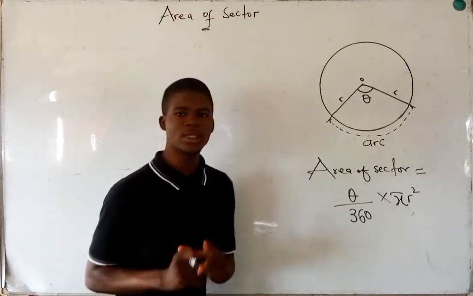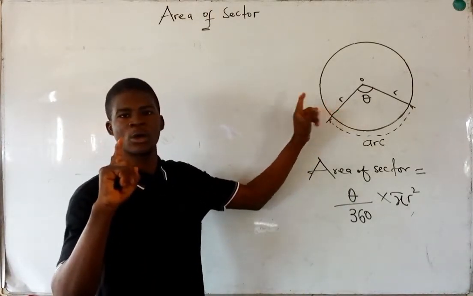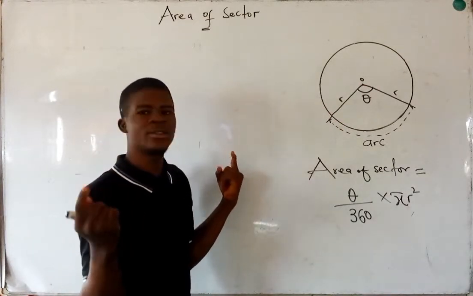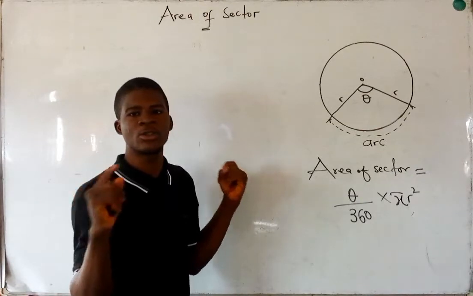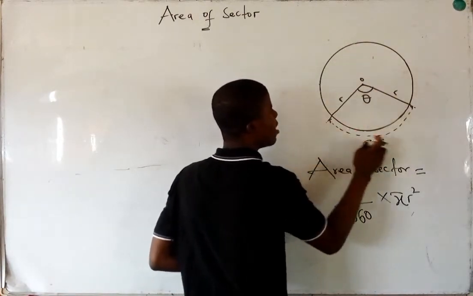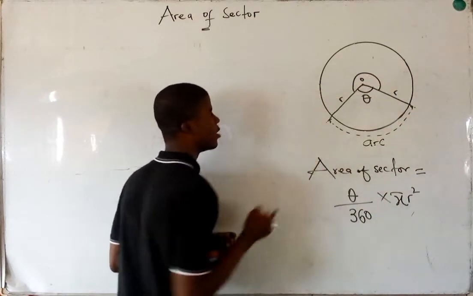Good. Now in this circle, I have two sectors. One is the minor sector and one is the major sector. There is no big difference between these two sectors. The difference between this major sector and this minor sector is the angle that is formed at the center.